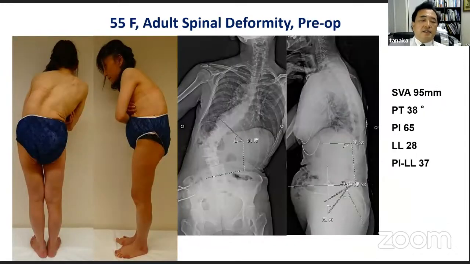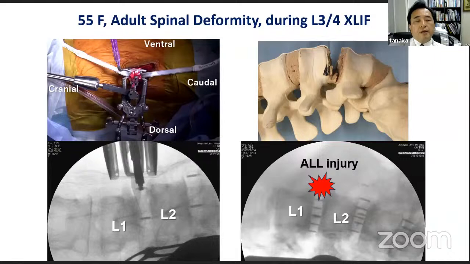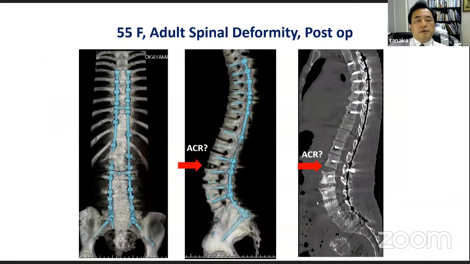This is another case, another spinal deformity. At L1-L2, I injured the anterior ALL. If you look at the postoperative CAT scan, this is almost like anterior column release.